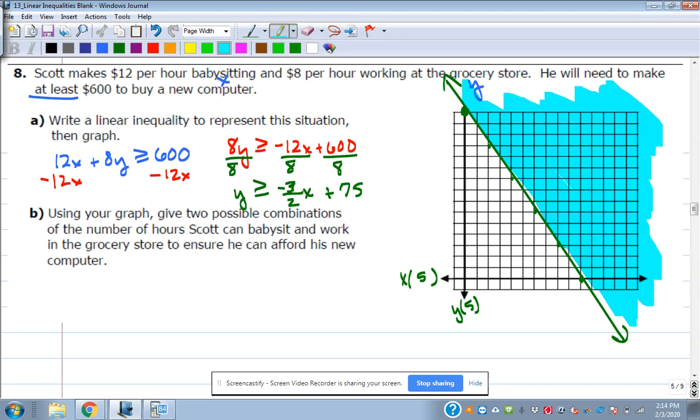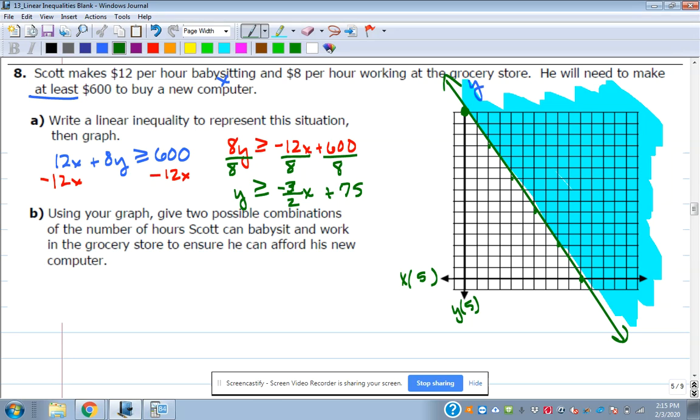And it says, using a graph, give 2 possible combinations of the number of hours that Scott can babysit and work at the grocery store to ensure he can afford his new computer. So remember, x is babysitting and y is grocery store.